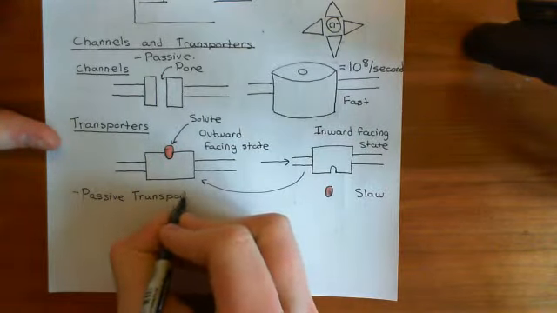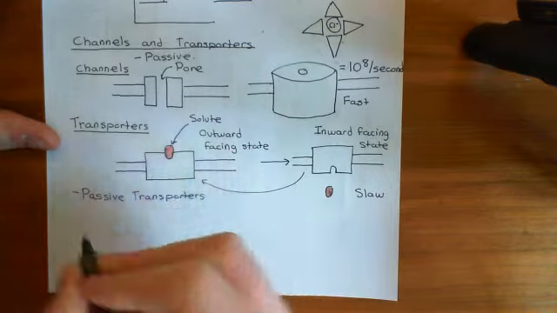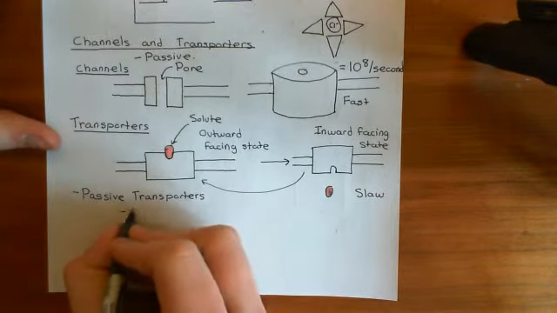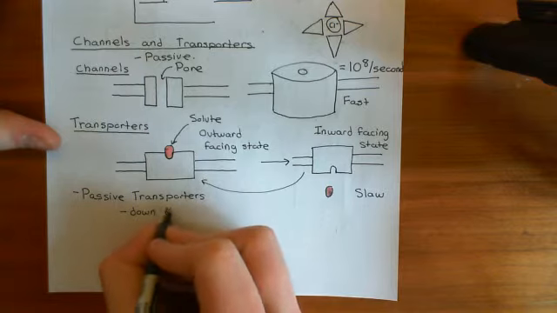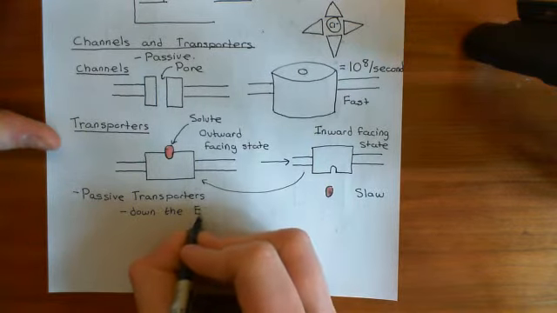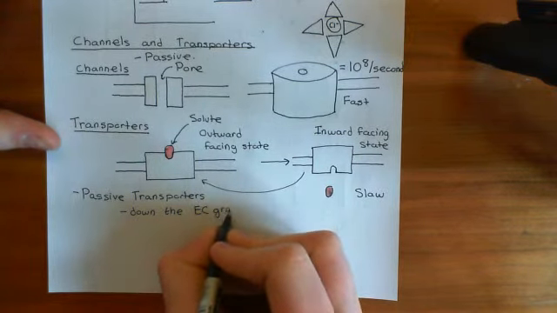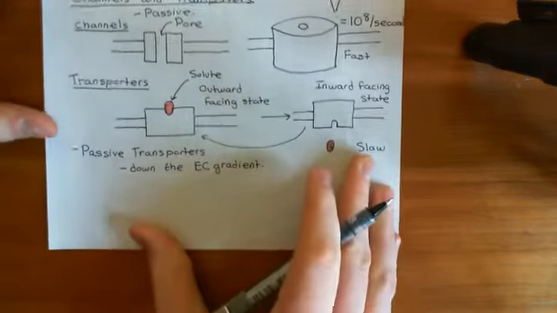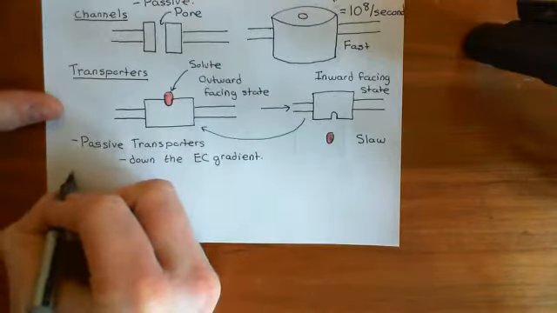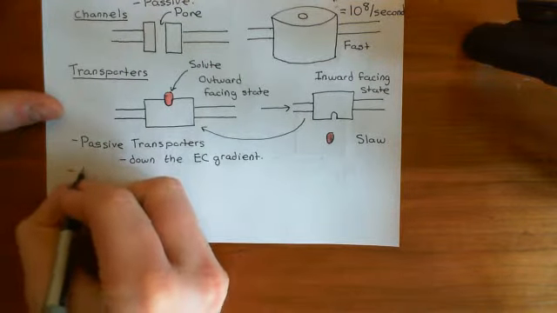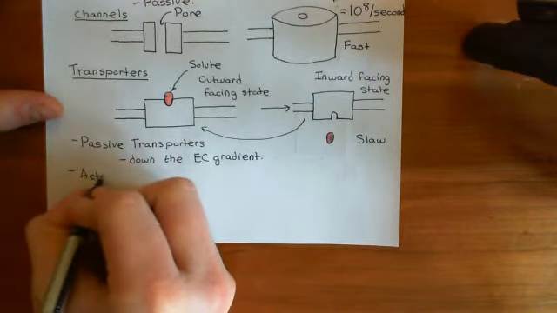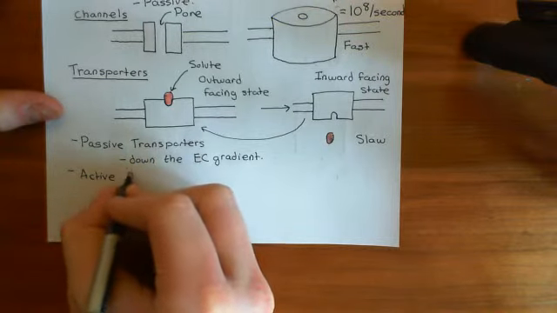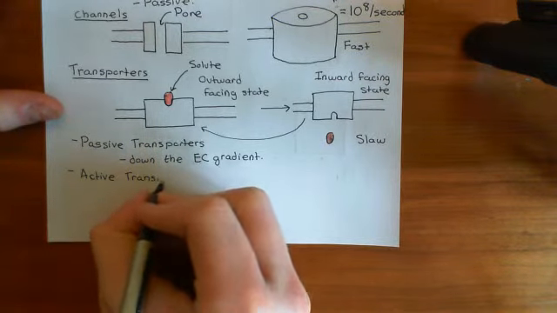So these are just like channels, but they're much more clunky, basically. Whereas active transporters can actually move things up their electrochemical gradient, so from the area of low electrochemical potential to the area of higher electrochemical potential.